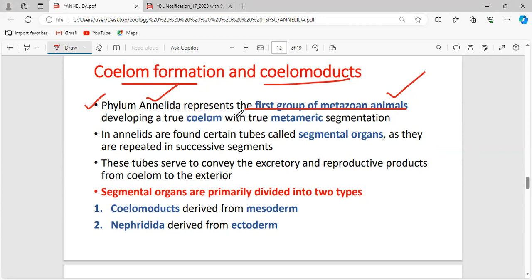In the radiata, some phyla will be present. In the bilateria, some phyla will be present. And from the bilateria, we can classify further into protostomia and deuterostomia. From the division protostomia, there are acoelomata, coelomata, and pseudocoelomata.